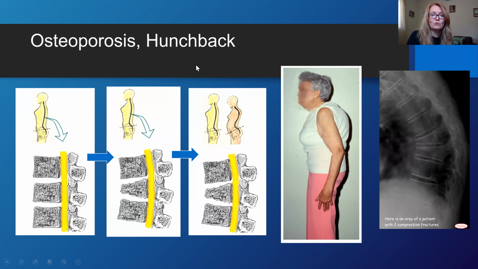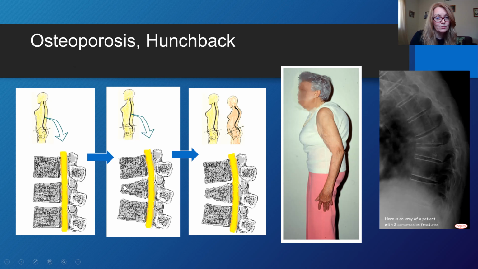So over here you can see a classic sign of osteoporosis in older females that we call hunchback. So again, this is a normal vertebra, and here we have one vertebra affected by osteoporosis.